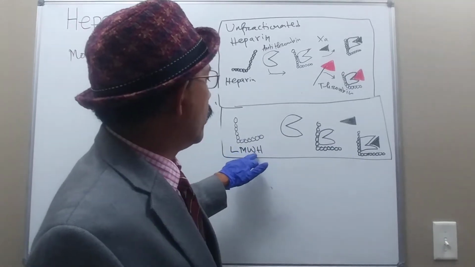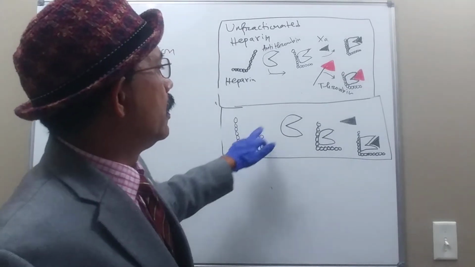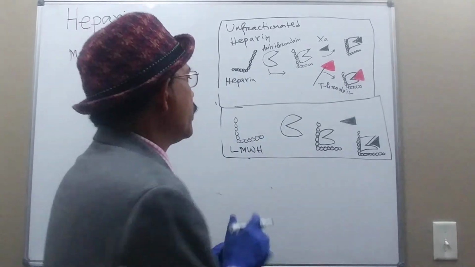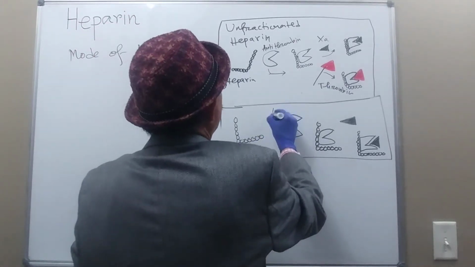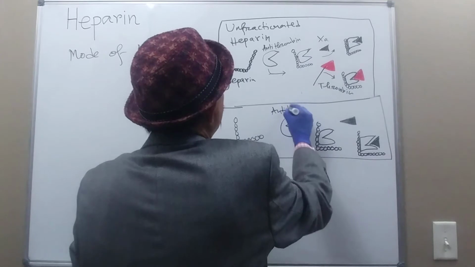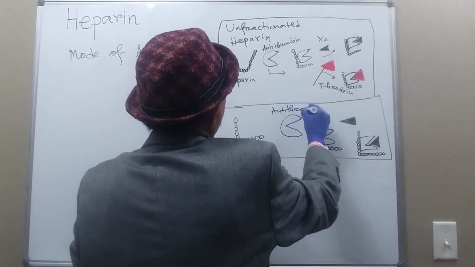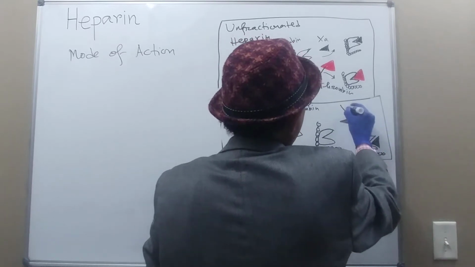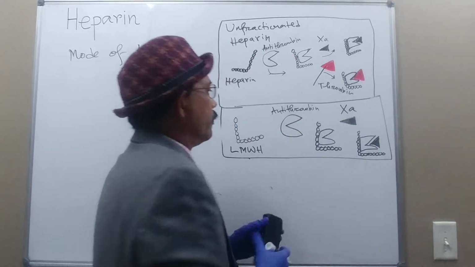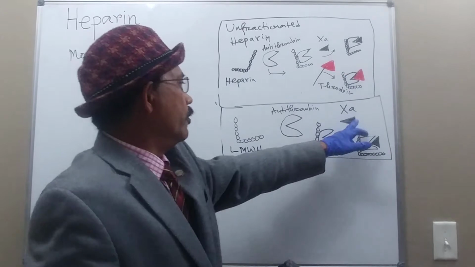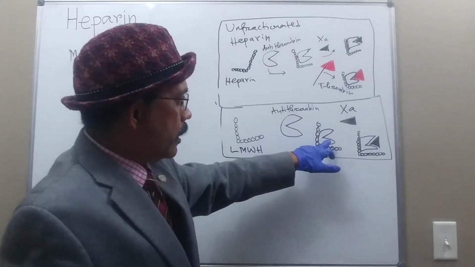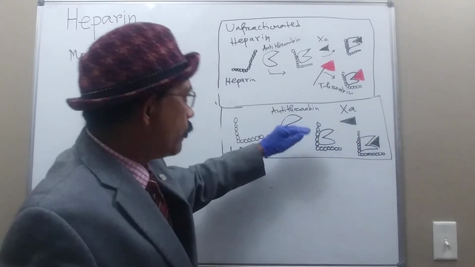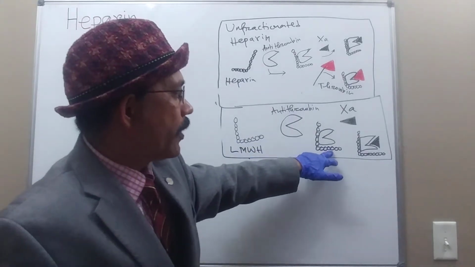This is the low molecular weight heparin. How does it work? This is again antithrombin, and this is the factor 10A. Factor 10A will be attached to the antithrombin very quickly due to the presence of heparin.